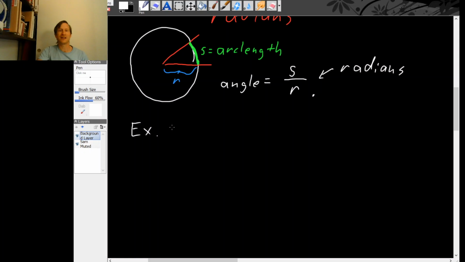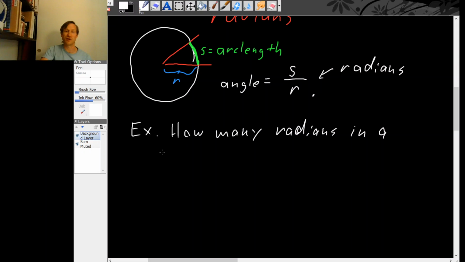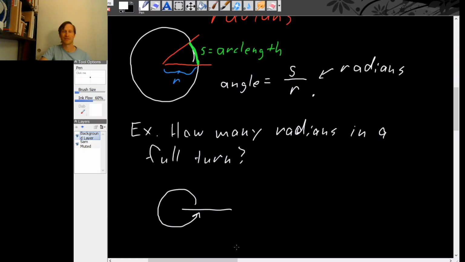For example, let's figure out how many radians are in a full circle, in a full turn. Okay, so that would be an angle that looks like this.